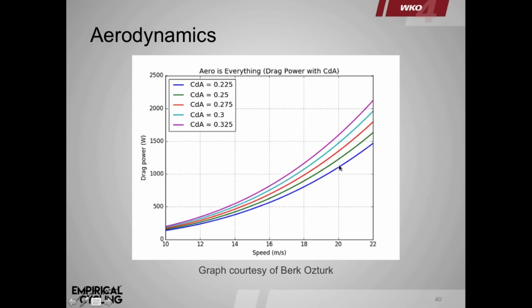So we actually get a very large increase in speed for what would be a relatively small decrease in your aerodynamic drag versus at slower speeds. So if you care about your final speed during sprinting and you're not doing aerodynamic testing, you are really leaving a lot of speed on the table.